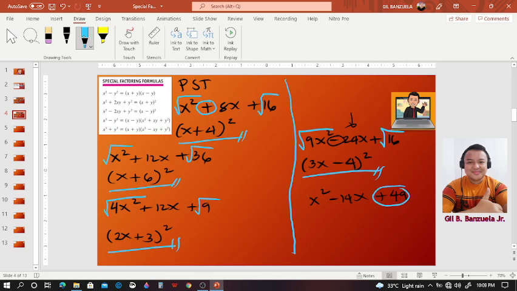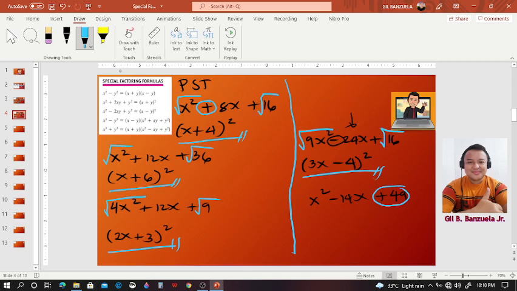So automatic, if the trinomial gives a negative last term, automatic that is not a perfect square trinomial. That is just an ordinary trinomial. Okay? So automatic, hindi na siya perfect square trinomial if the last term is negative. So always positive yung ating last term.